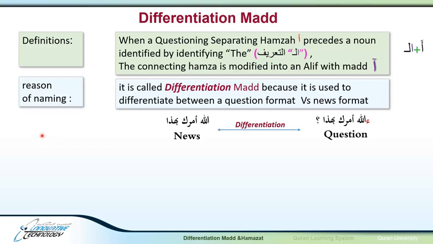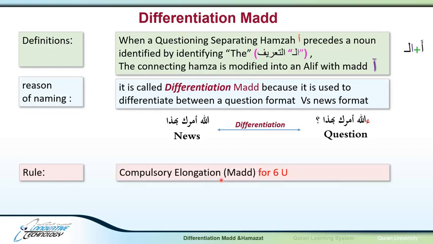And that's why we call the mad associated with this Hamza a differentiation mad. And the rule of the differentiation mad is a compulsory elongation of the mad vowel for 6 units. So we say Allahu, a compulsory elongation of the a for 6 units or 6 movements.